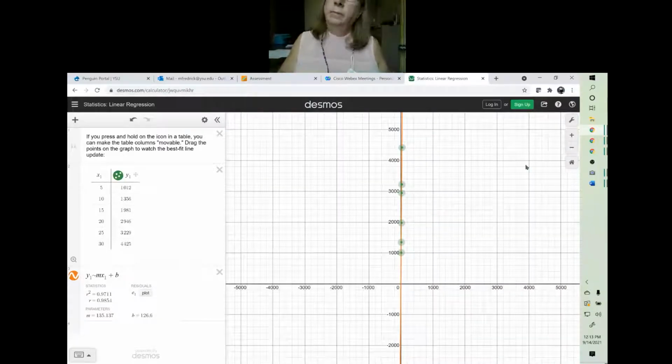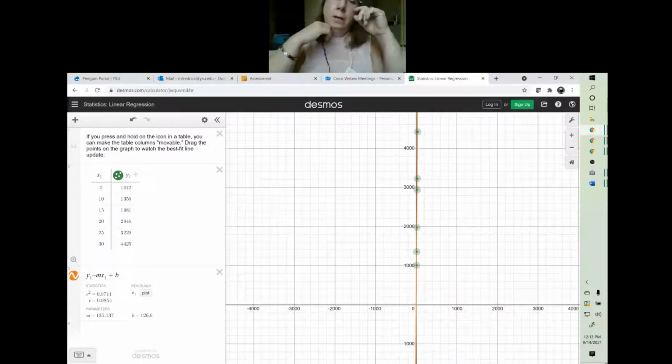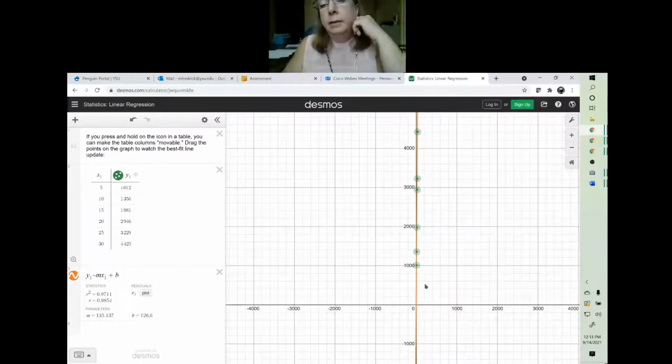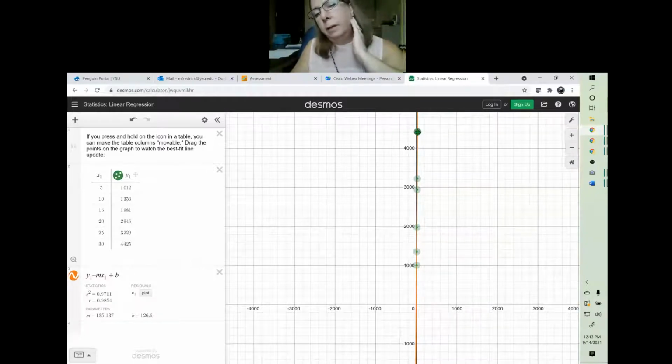Now you can zoom in and out. That was a little too much. Let's go a little. Okay. It looks like they're almost all on the line. Notice this one's a little off. And so what that did was it changed the R squared a little bit. It's not a 1 because at least this one is off, but it looks like the rest are on the line.